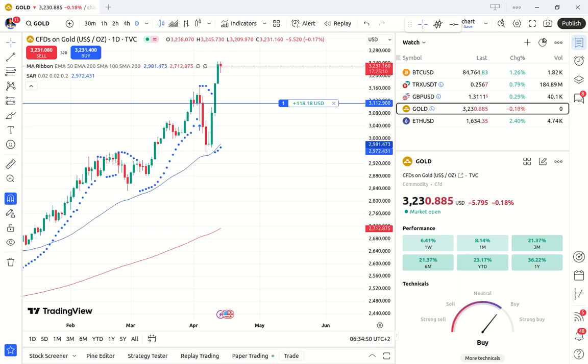It is very, very important to know about the three white soldiers. It's a very complex candlestick pattern.